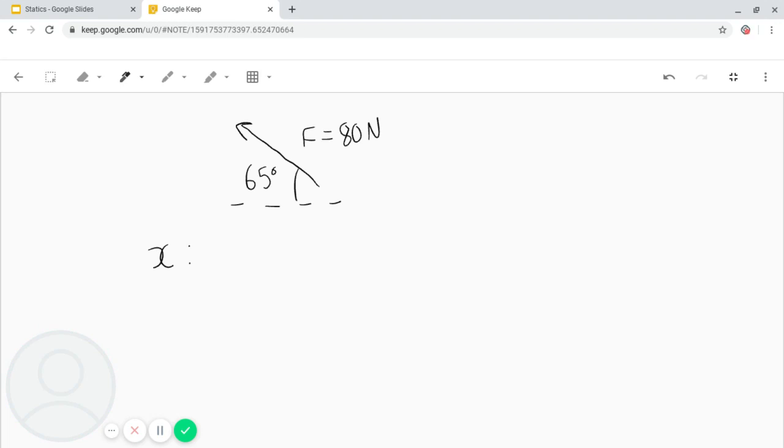So the x component will be 80 cos 65 degrees, which is equal to 33.8, but of course it's negative because it's pointing in the negative direction, so negative 33.8.